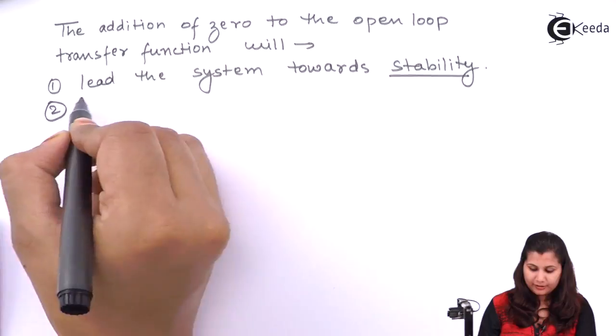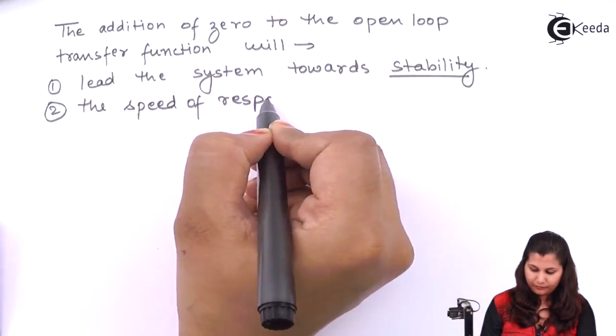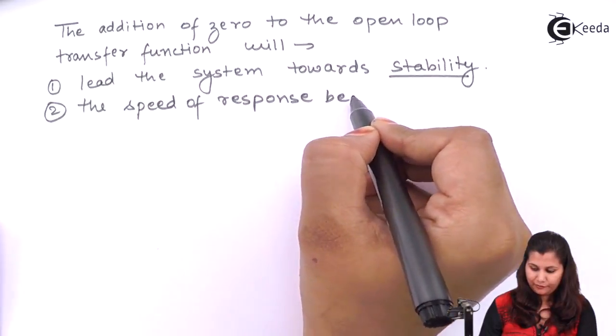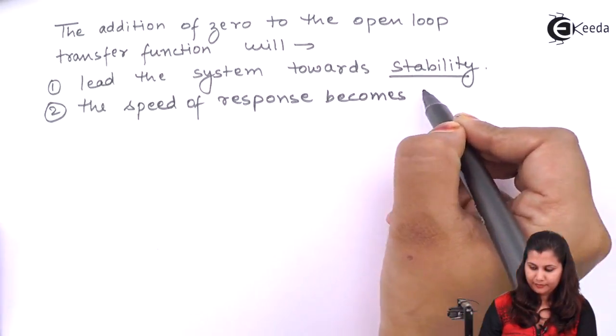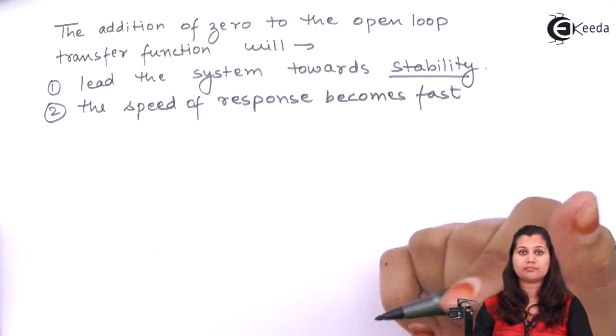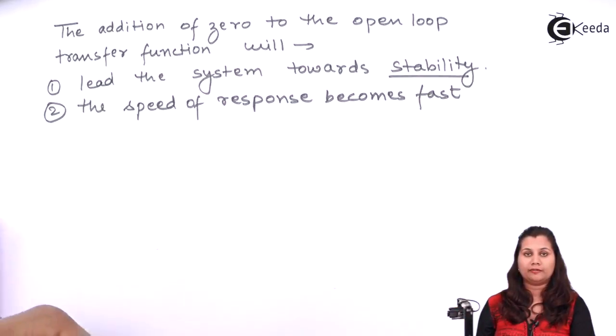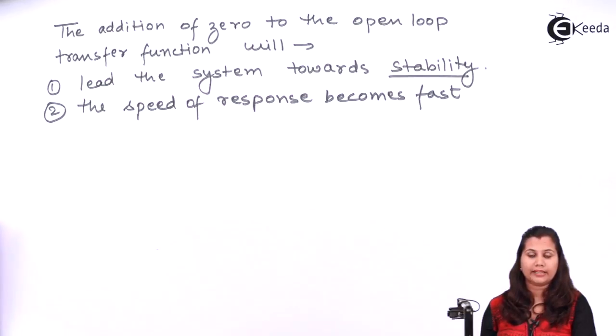Second is the speed of response becomes fast. So this is also a good point because we want our system to have a fast speed of response. It should quickly respond towards the input.